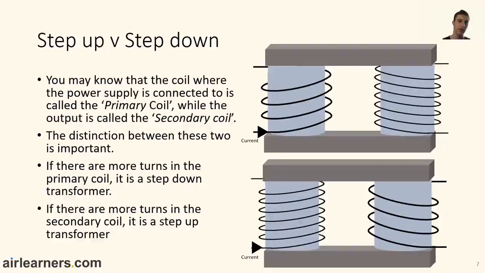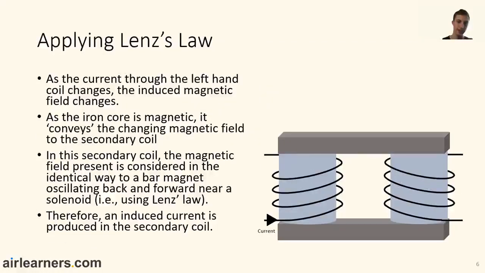What I should also add before we get into step up and step down is how this change of flux actually works. The way that this flux works is, let's just say that our current does go in this way over here. So it kind of goes up around like that.